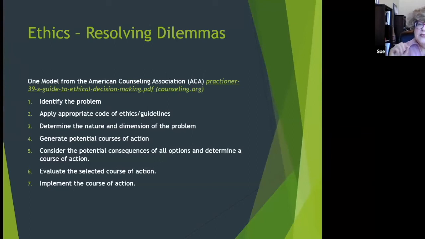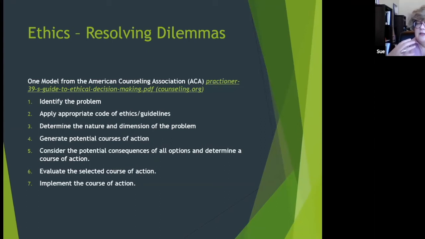It's interesting because sometimes what you think is an ethical dilemma, once you start really identifying what the problem is, you may realize this really isn't an ethical dilemma so much as a values dilemma, or a personality conflict dilemma, or even a workplace policy dilemma, and not necessarily an ethics issue.